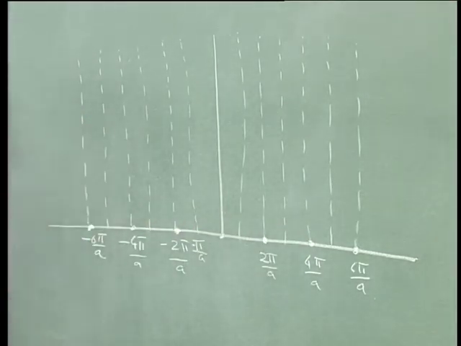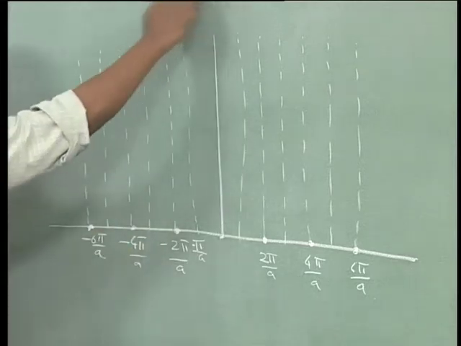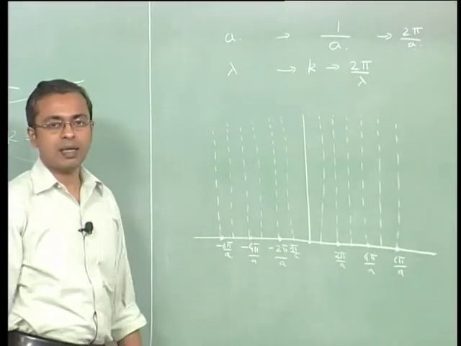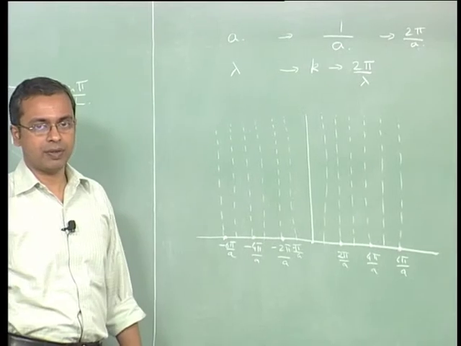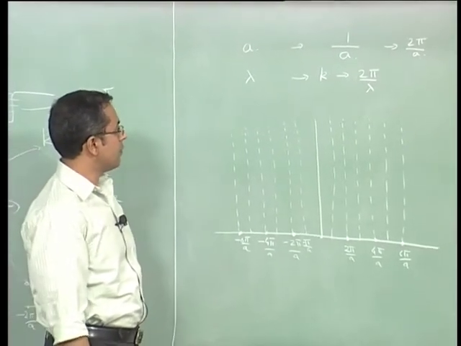Now on this plot we can make a plot of the allowed values of wave vector that the electron is allowed to have, right.